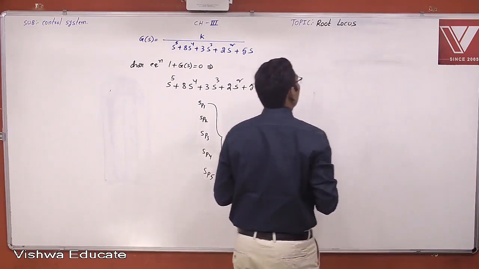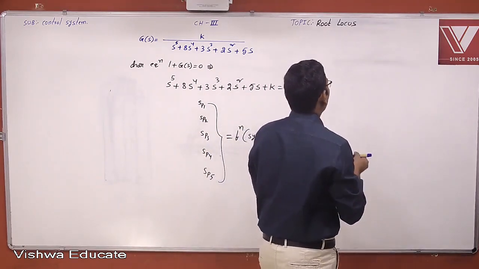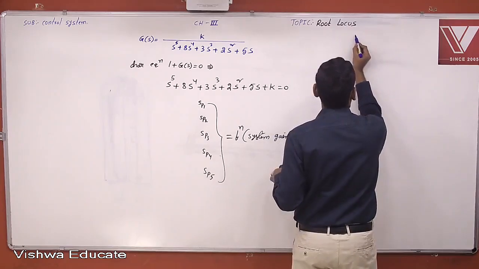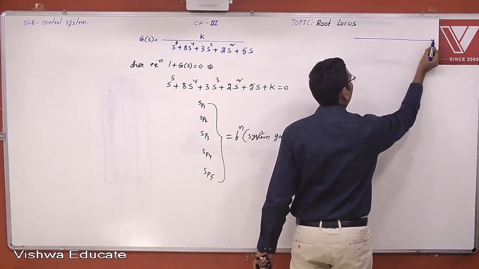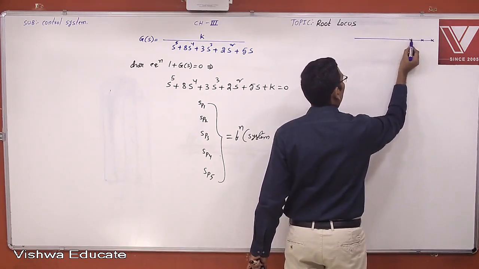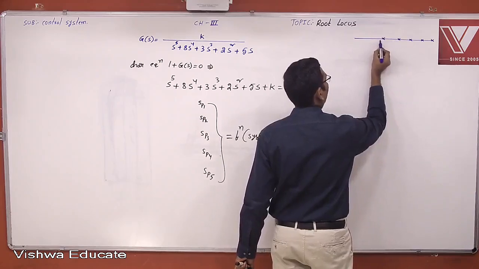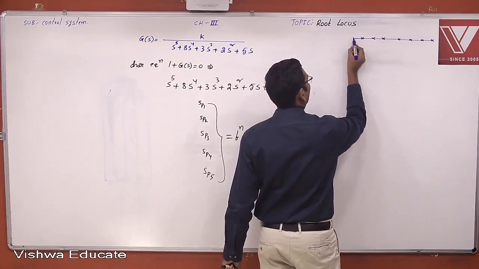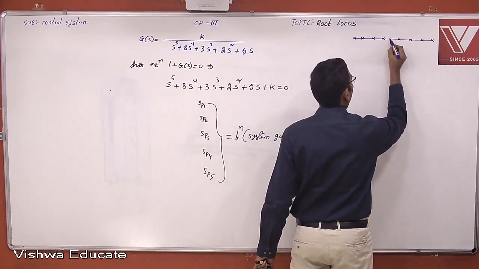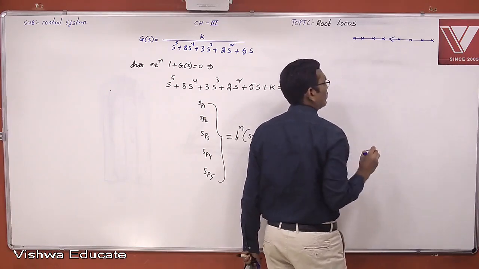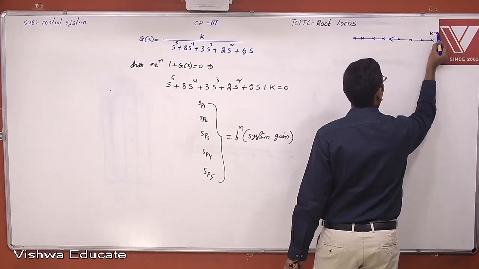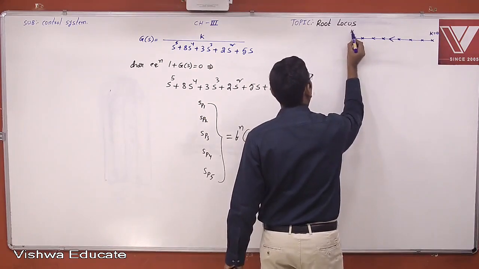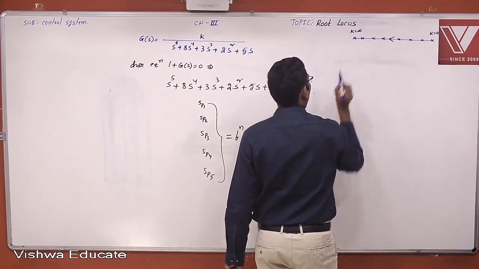Now one important point you want to keep in your mind: the root locus is nothing but the movement of the closed loop pole. Is it right or no? The closed loop pole movement is nothing but the root locus diagram, and this is the direction of the movement of the closed loop pole. Now the root locus diagram starts with k equal to 0 and ends with k equal to infinity.